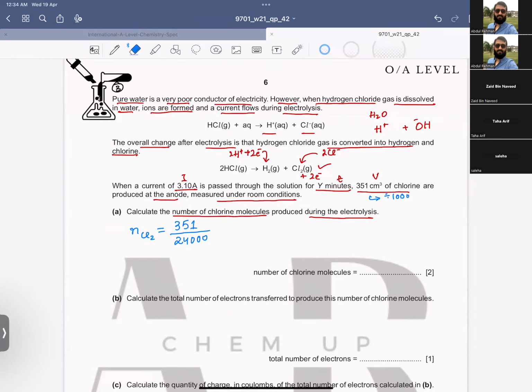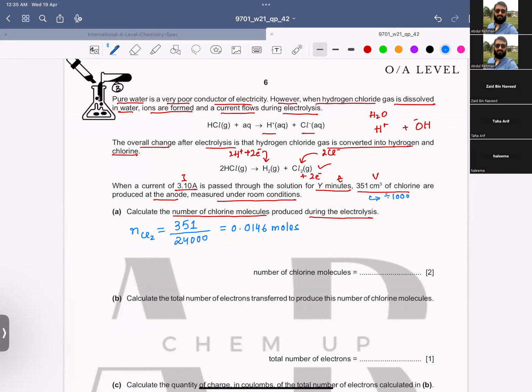You will get the same answer. So can anybody tell me the answer, please? 0.0146. 0.0146 are the number of moles.